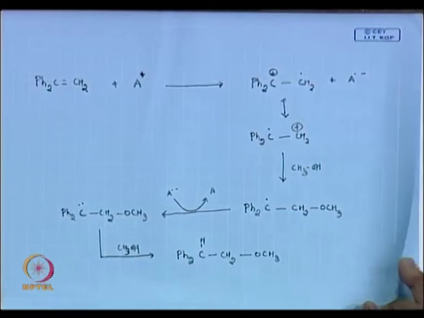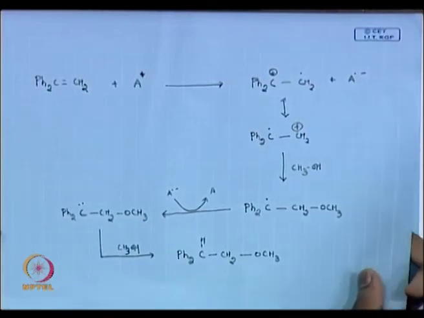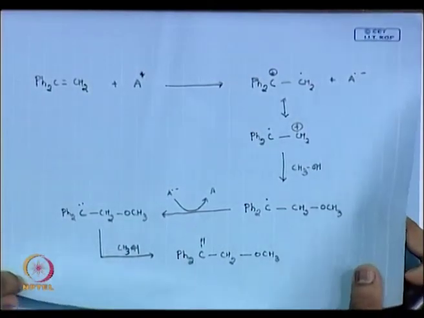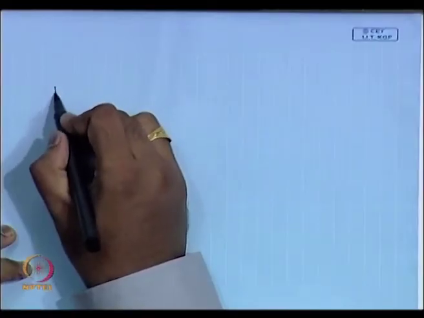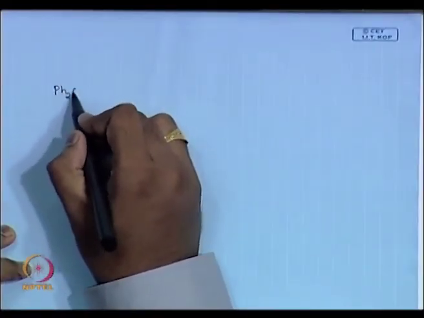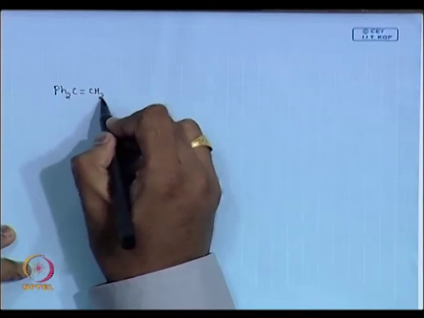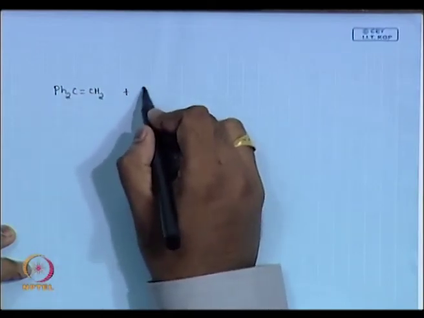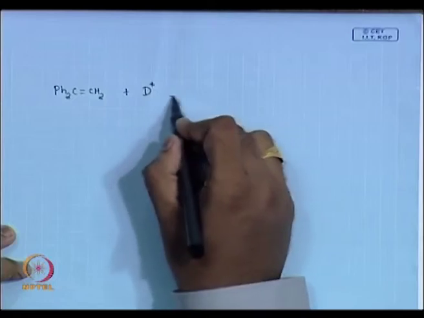Fine. Now we will see how the donor does it the other way around. What happens in the case of the donor? So I am exciting my donor. What can the donor do?